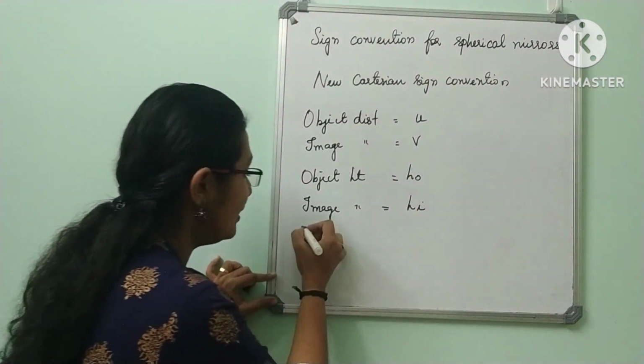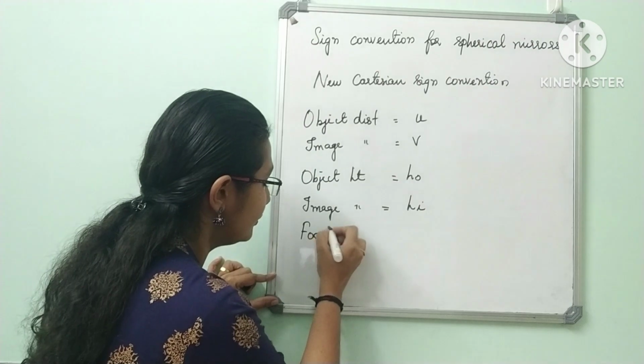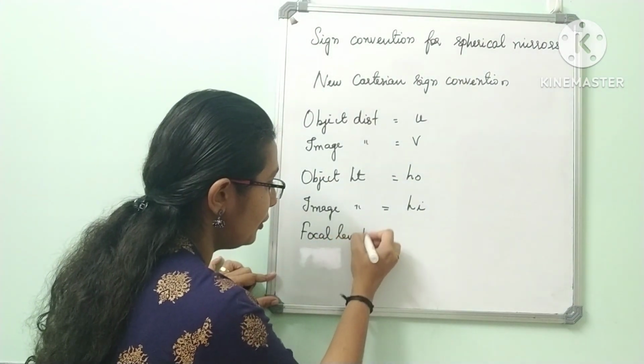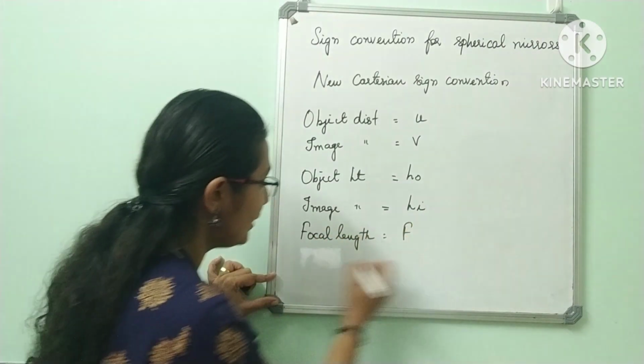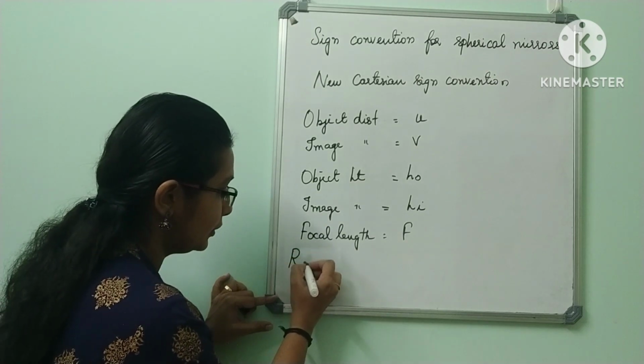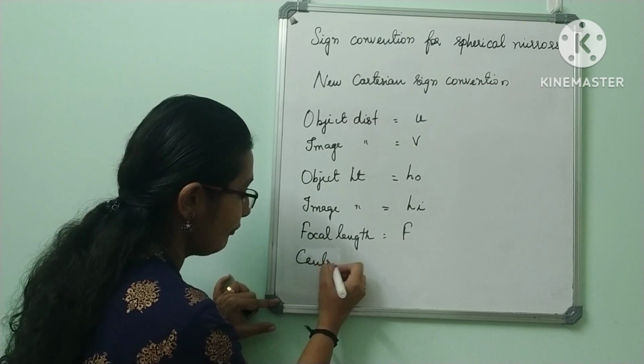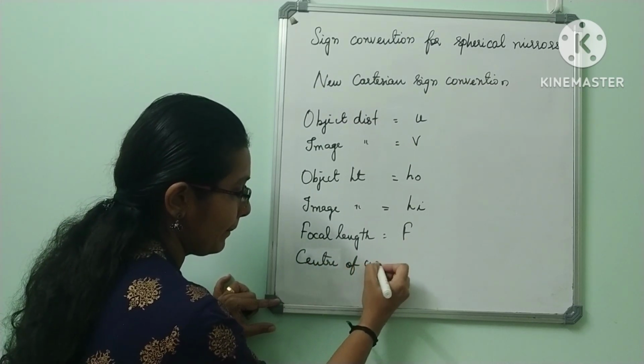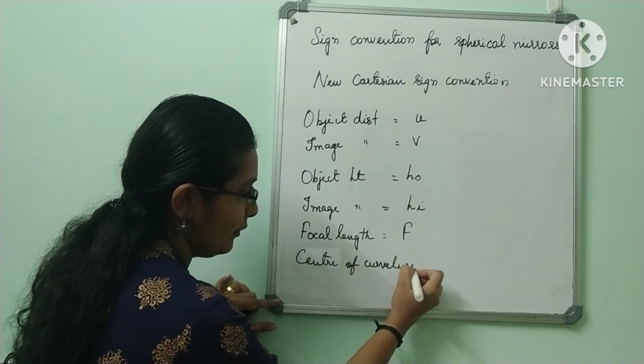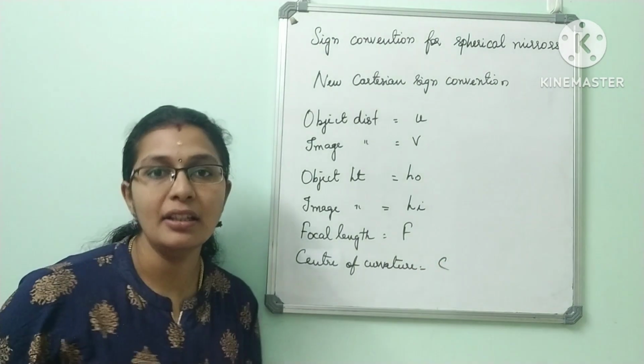Then is focal length. You already know it is denoted by the letter F, and center of curvature, which is denoted by the letter C.